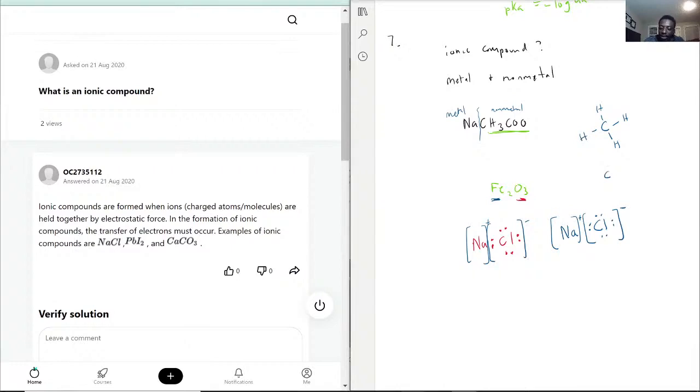You'd still have C with H H H H, and the whole thing would be together. But this is how you would do the Lewis diagram for ionic compounds, because they've given that electron completely to their non-metal part.